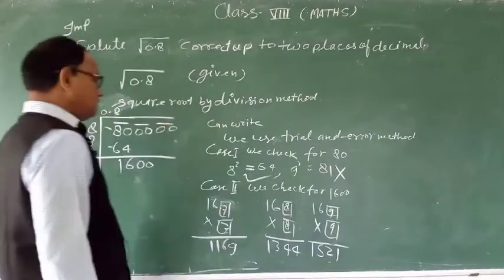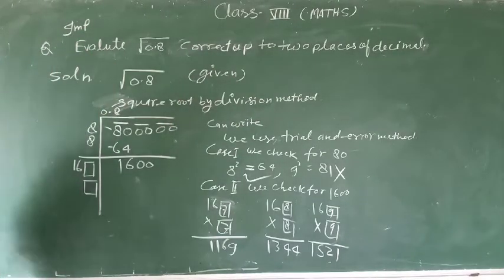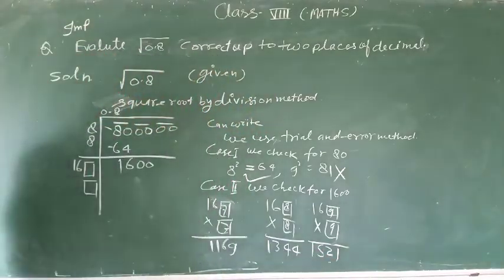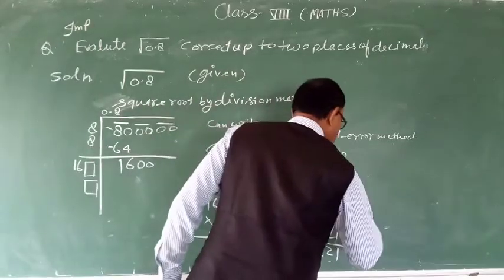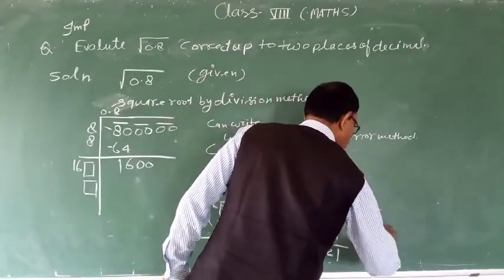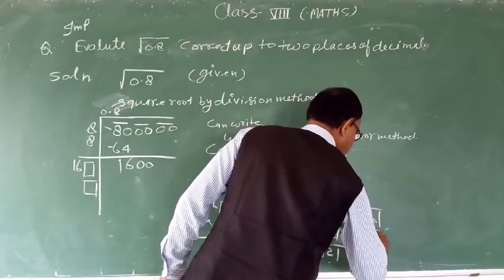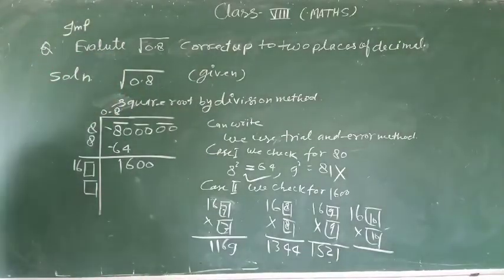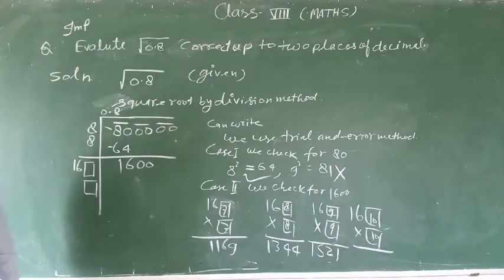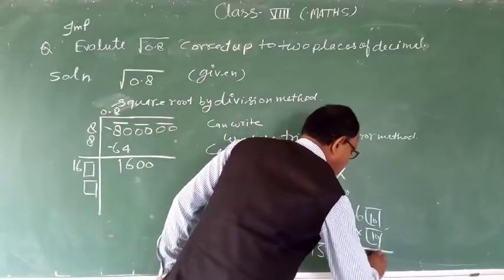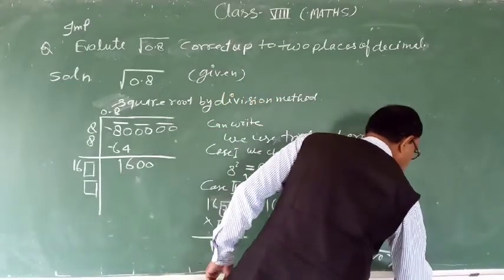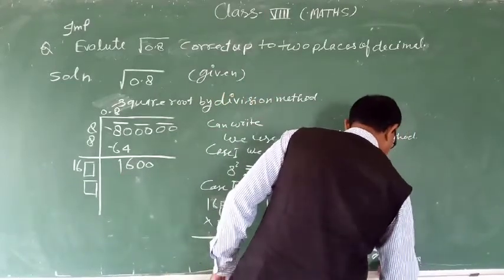Then 16 make box, 10 square, then we get 1700, which is greater than 1600. Then it is not suitable.